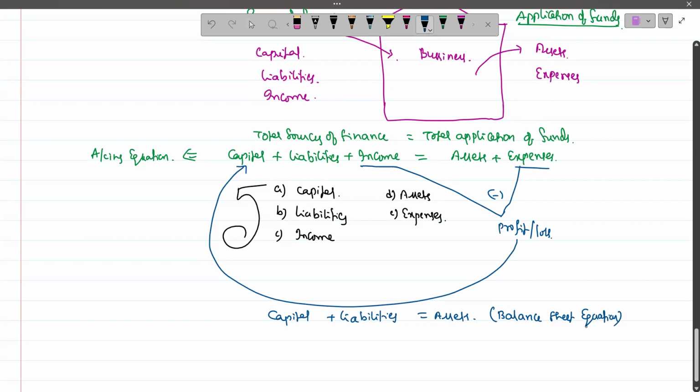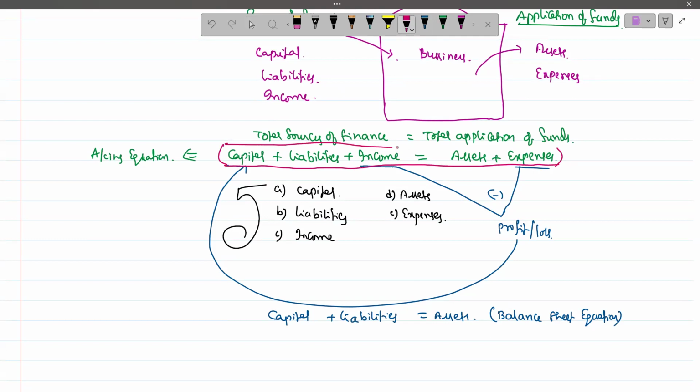We also call it what? Balance sheet equation. Capital plus liability is equal to assets. But the original accounting equation is nothing but what? Capital plus liability plus income is equal to what? Assets plus expenses. That is the original accounting equation. And the net accounting equation or balance sheet equation is capital plus liabilities is equal to assets.